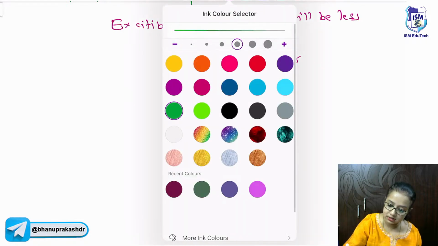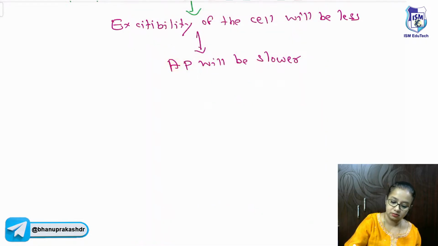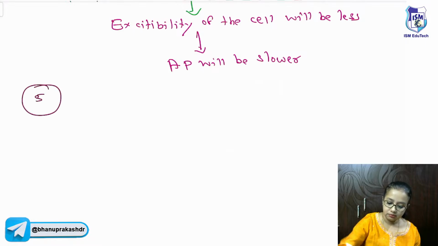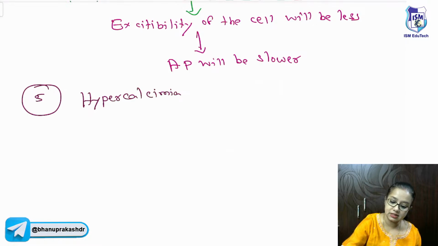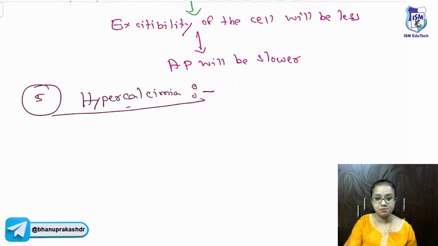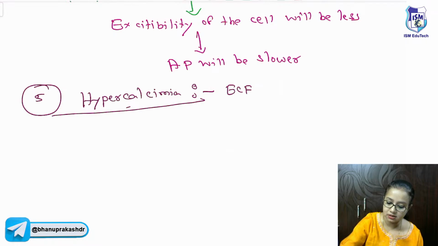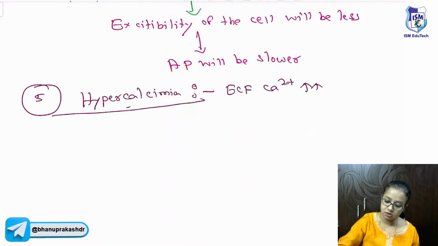Another important condition is hypercalcemia. Now, what will happen in case of hypercalcemia? The ECF calcium level increases. In normal condition, what is the scenario?